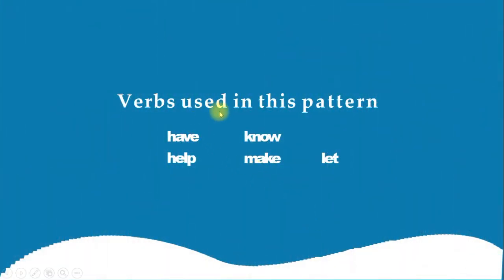The verbs usually used in this pattern are have, help, know, make, or let. So remember these words. If you find these verbs, don't forget to make it into the verb pattern, subject plus verb plus noun or pronoun plus bare infinitive.